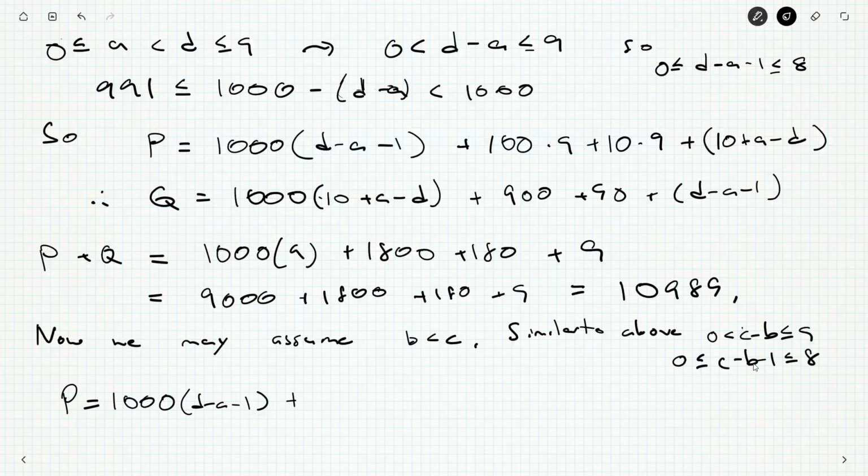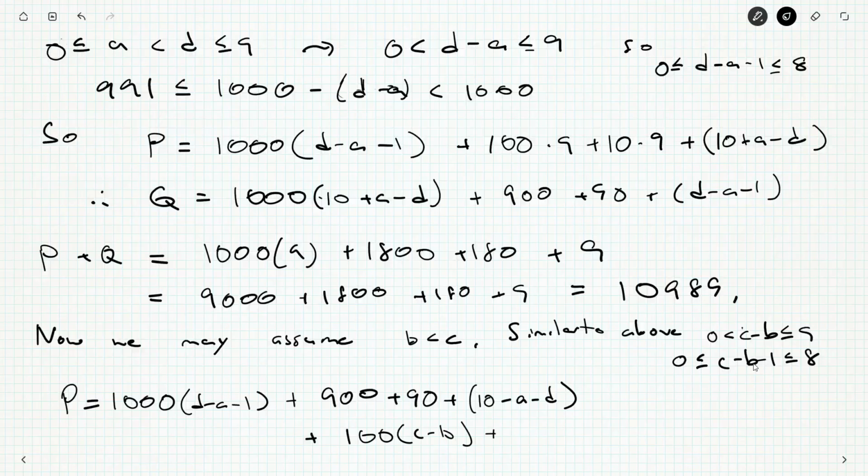So we get 10 this plus 1,000 minus, so we'll even say 900 plus 90 plus 10 minus A minus D plus 100 C minus B plus 100 minus, so it'll be 10 times 10 minus, this should be a C minus B minus 1. So this should be plus B minus C. That's a single digit. This is a single digit. This is a single digit. It's just these pesky 9s in here that are causing a problem. So we're going to clean this up. And then we should be done.